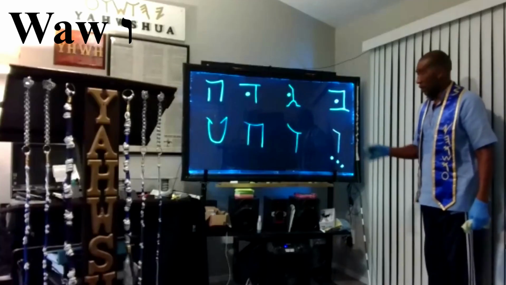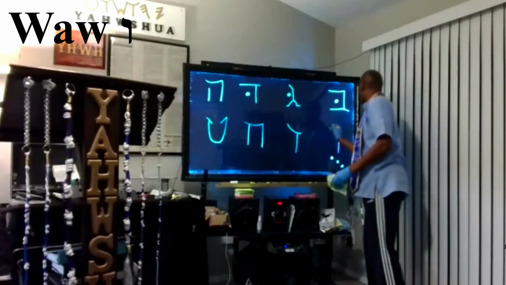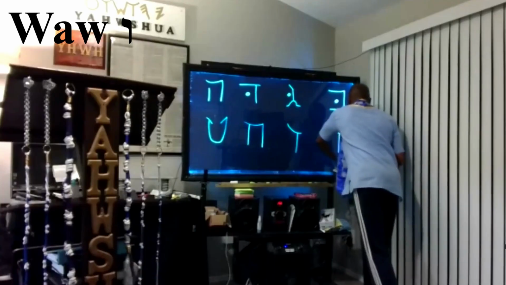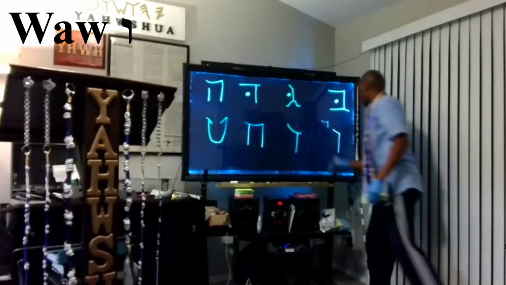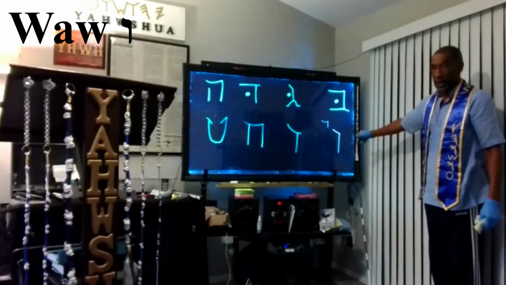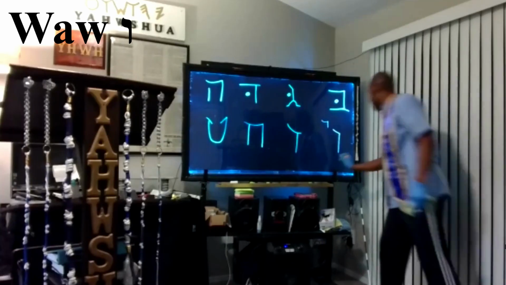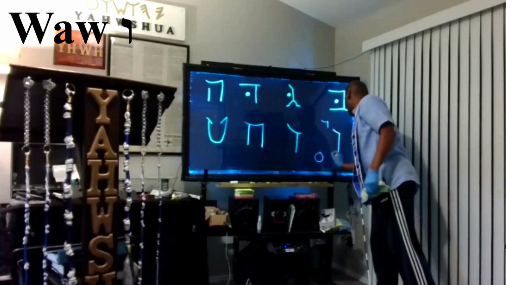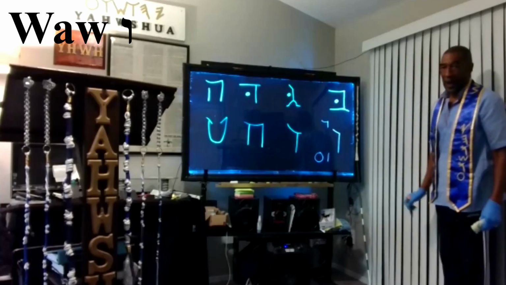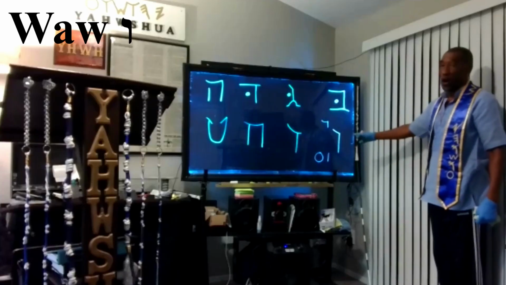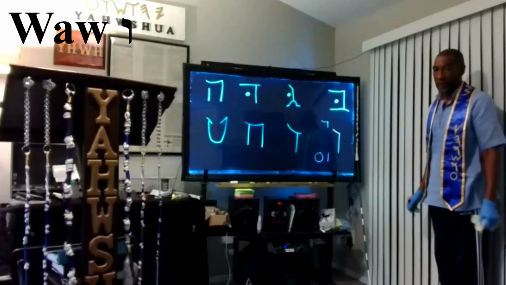Remember, when you have a vav with a yod following, it's oi. In English, oi, like saying coin.